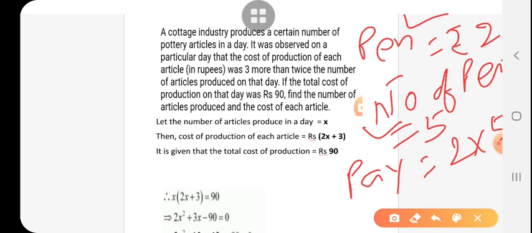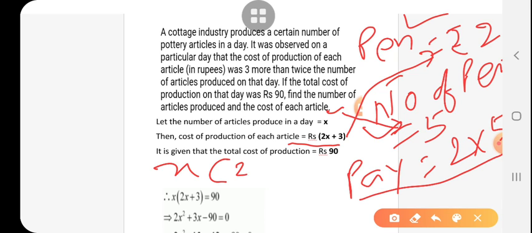So the number of articles produced is x and each article costs 2x plus 3. It works like cost of pen and number of pens. So the total cost will be x into 2x plus 3, and that is already given as 90.